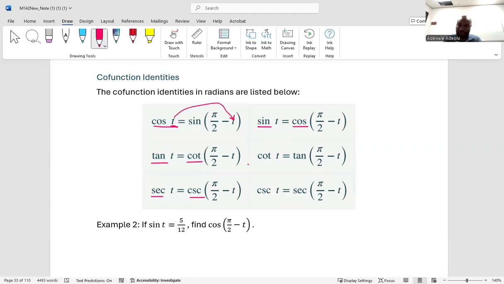The same thing, I can work also from sine, just subtract that angle from 90 degrees. Just like if I ask you, what will sine 30 degrees be equal to? That would be cosine of 60 degrees. How do I know? Just subtract this from 90 degrees. I hope that makes sense.